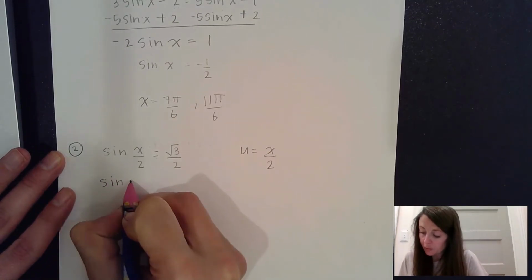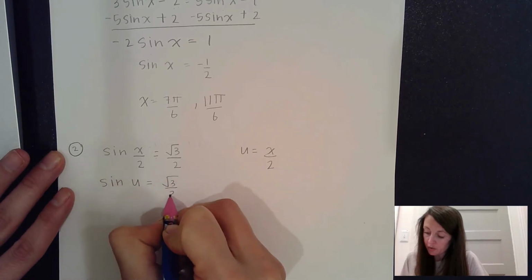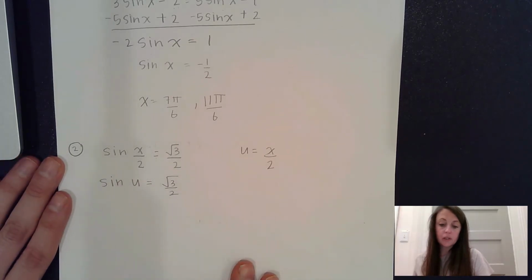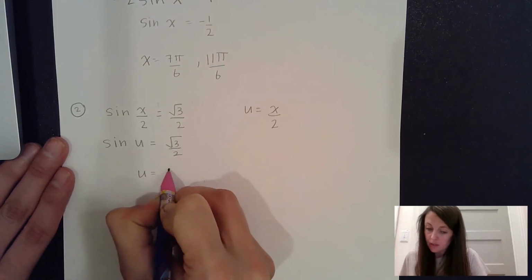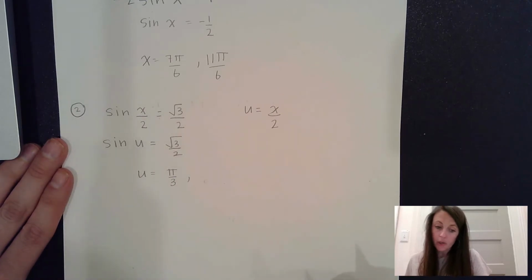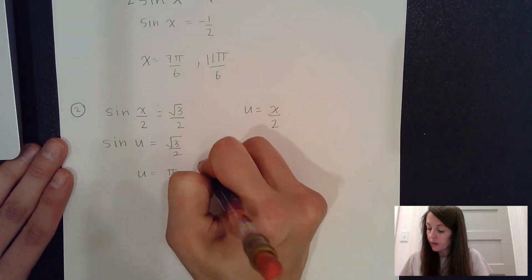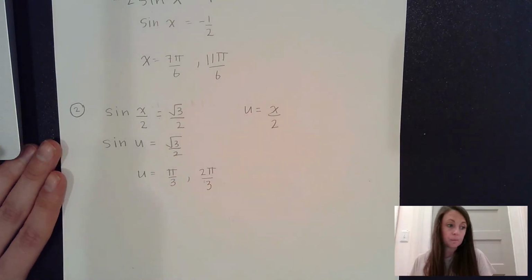So where is sine going to be square root of 3 over 2? That's going to be pi over 3, and also 2 pi over 3. So those two values there.